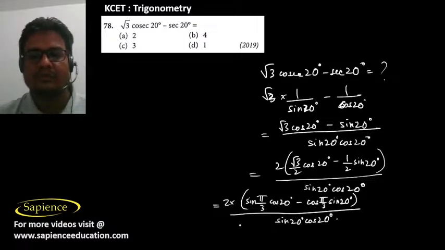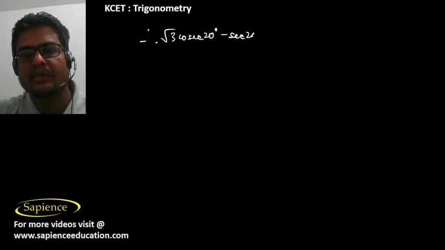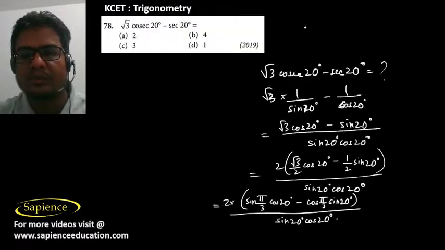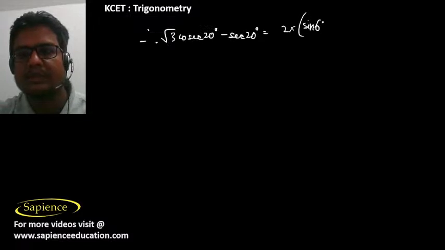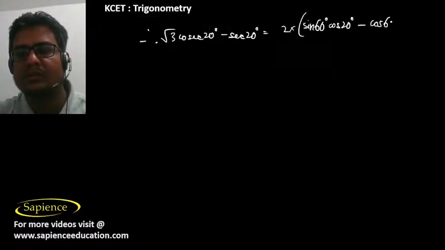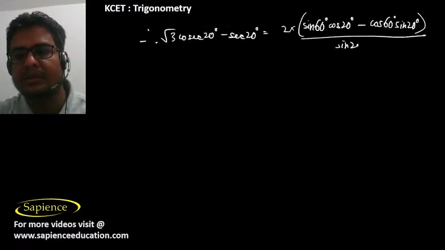So this expression, root 3 cosec 20 degree minus sec 20 degree, will be equal to 2 into sine 60 degree cos 20 degree minus cos 60 degree sine 20 degree, divided by sine 20 degree cos 20 degree.